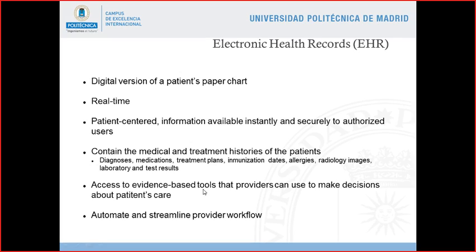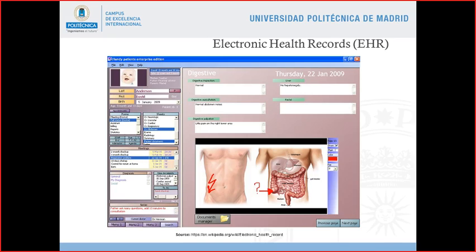The tools used here to see the electronic health records are used in order to make the decision easier for the clinicians. Okay, so they have all the information on the screen, and this information is used to make their decision easier. It's not to substitute the clinicians, okay?